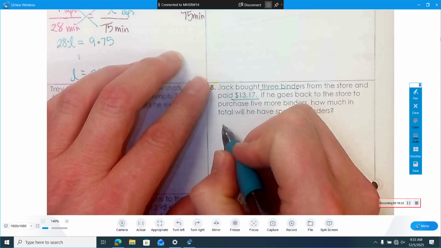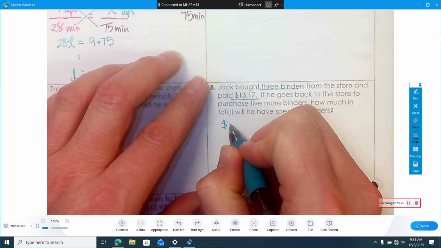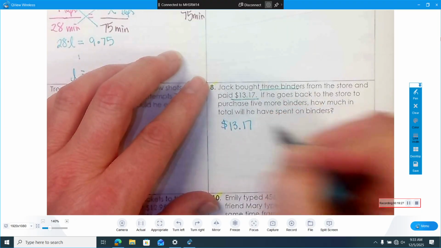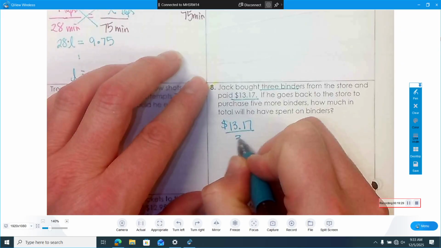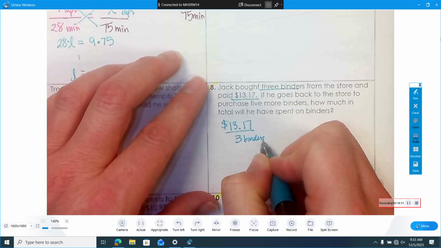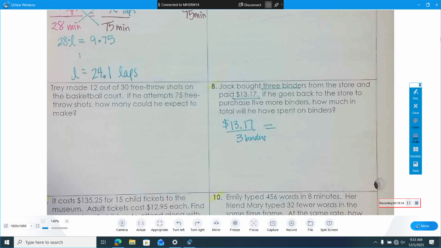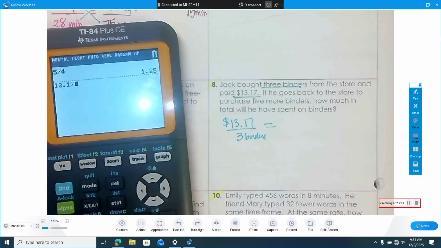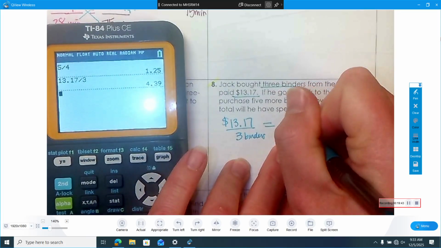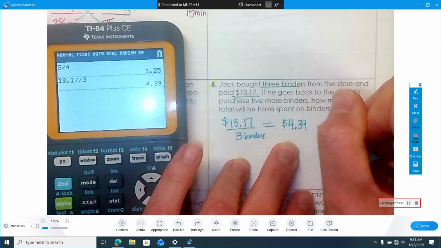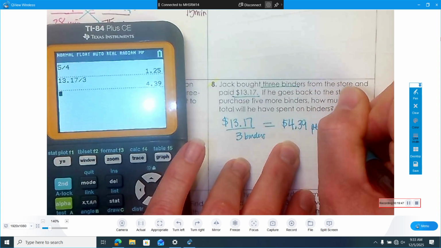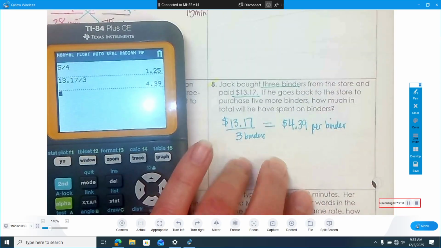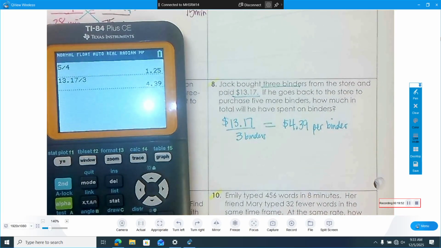All right. So if we spent a total of $13.17 on 3 binders, I can figure out the cost per binder, can't I? So what is 13.17 divided by 3? $4.39 per binder. So we can figure out the unit price, the price per single unit.